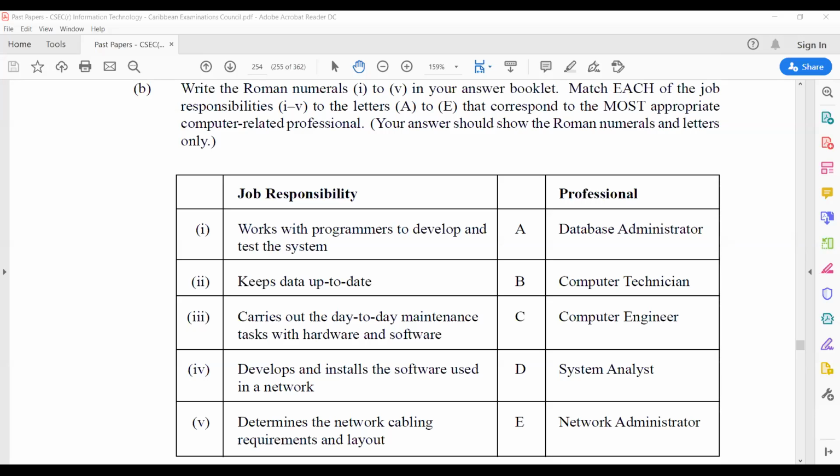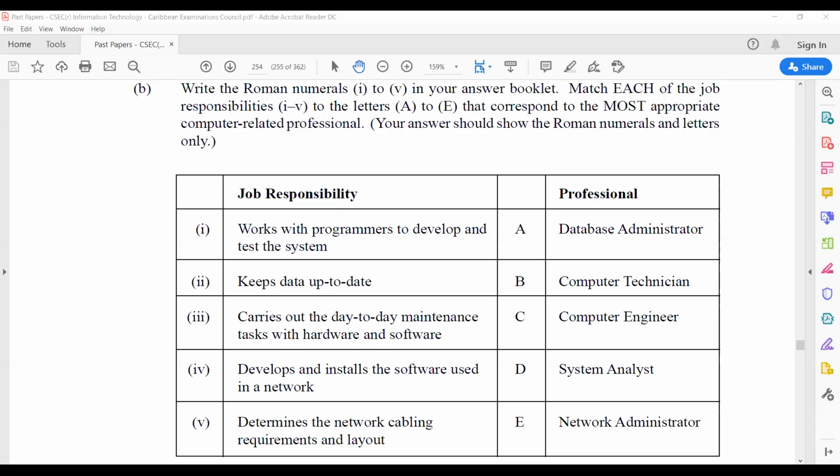For example, responsibility 4, develops and installs software used in a network, and responsibility 5, determines network cabling requirements and layouts, both have the word network in them. At first glance you may think the network administrator could be for either one, but looking deeper, responsibility 5 speaks about network cabling requirements and layout, so what types of cabling we use.